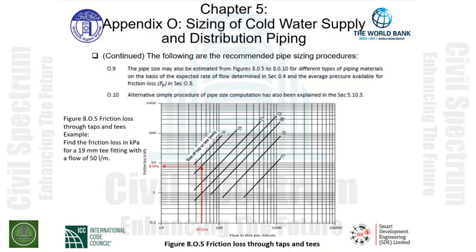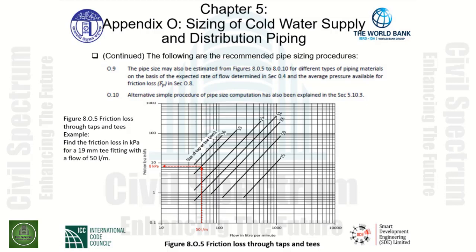Once we intersect that curve, we move to the vertical axis and read the friction loss in kilopascals, which in this case, for a 19 millimeter T with a flow rate of 50 liters per minute, is 8 kilopascals.